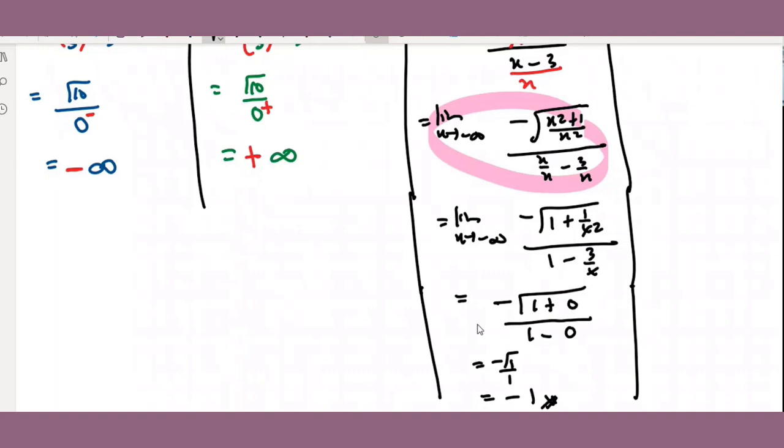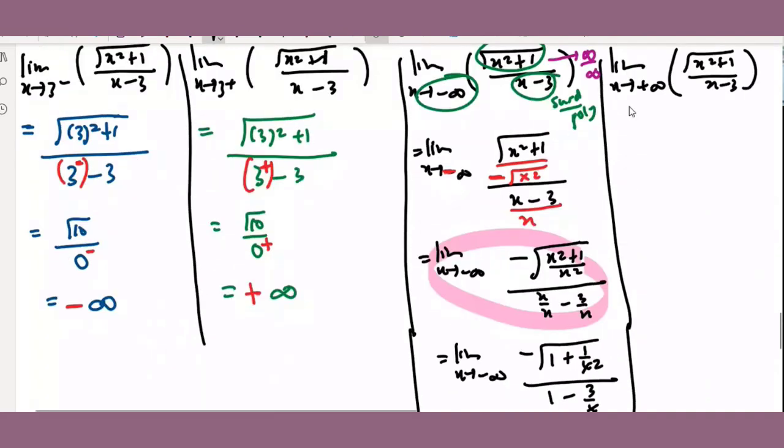Settled for this part. The second part here: substitute infinity over infinity. Indeterminate form. And check, oh, this is a square root over a polynomial. And positive infinity means that the square root is divided by the square root of x squared and the polynomial is divided by x.